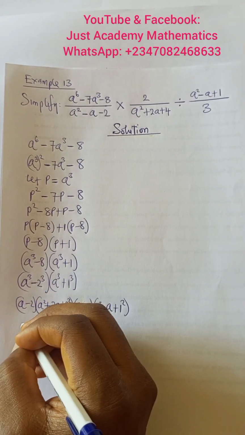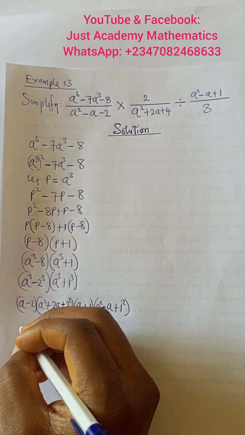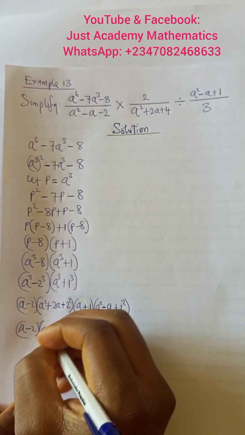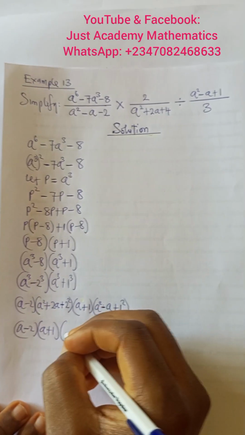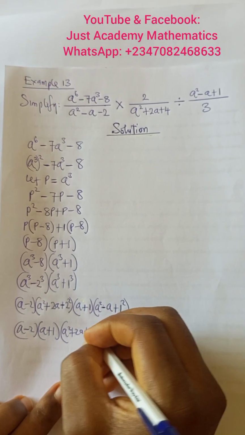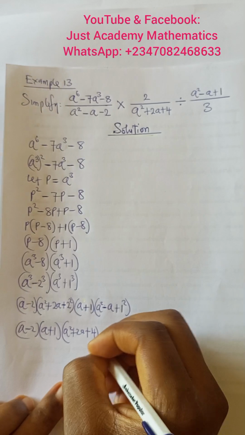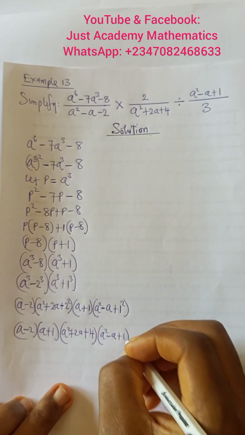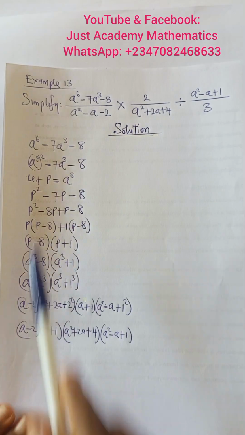So in other words, this whole thing means (a minus 2)(a plus 1)(a squared plus 2a plus 4)(a squared minus a plus 1). That is the factorization of only this.